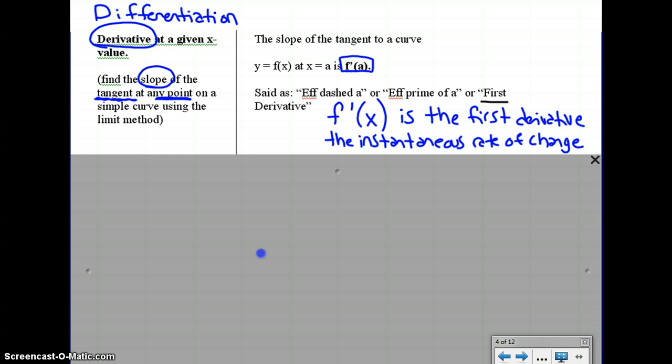And then it is also the slope of the tangent line. So we have now one way to say derivative, two ways, and three ways to say derivative: slope of the tangent line, f prime, the first derivative, and the instantaneous rate of change. Those are three different ways of saying the exact same thing. Just find the slope of the tangent line at that point. And the way that we do it is with this limit approach. We're going to do a little bit more practicing with this limit approach.